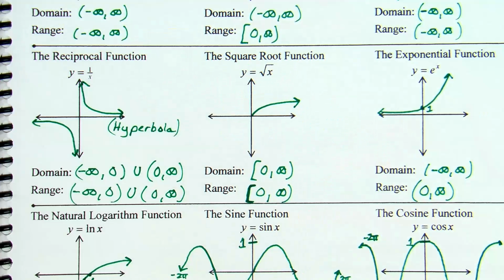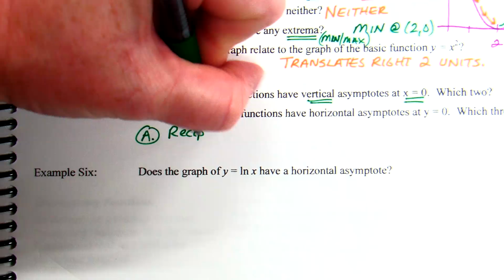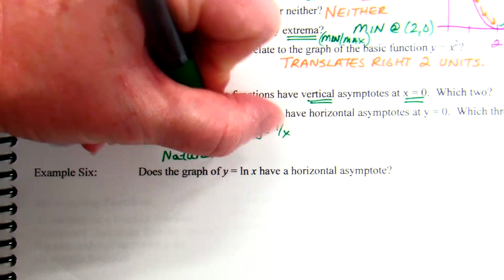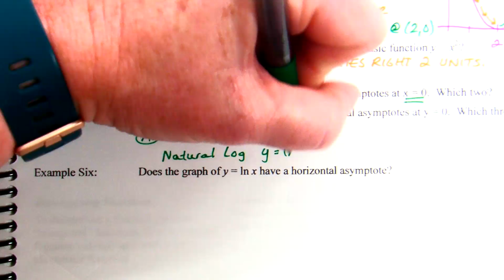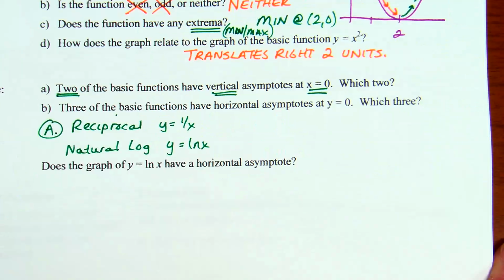And that's, again, just looking at the graph and being able to tell that. So for A, we said the reciprocal function, which is y equals 1 over x, and we said the natural log, which is y equals ln x. Any log graph is going to look similar to that.